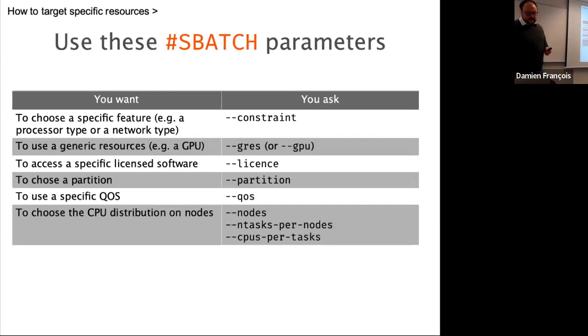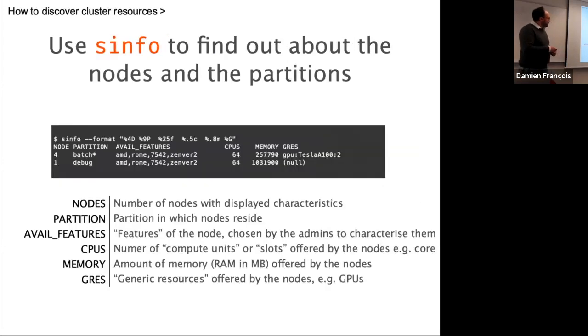And you request them with specific parameters. So if you want a specific feature that we saw in the column previously, you can use --constraint in your submission script. So if you want, say, a Rome, these are distinct ways to describe the CPU: this is the vendor, this is the family, this is the name of the stock keeping unit, as you call it, and this is the generation.